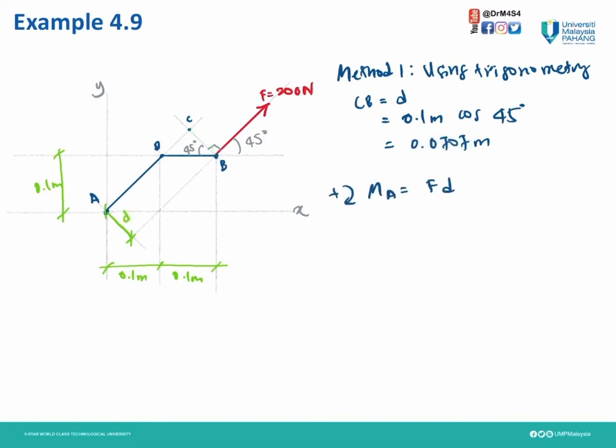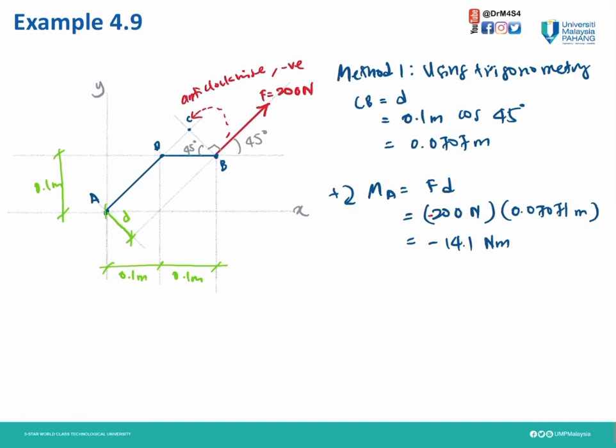Then by taking positive clockwise, we take moment about A equal to force times the perpendicular distance. So the 200 Newton to point A will be anti-clockwise. Therefore, it's going to be negative because our initial assumption is positive is clockwise.